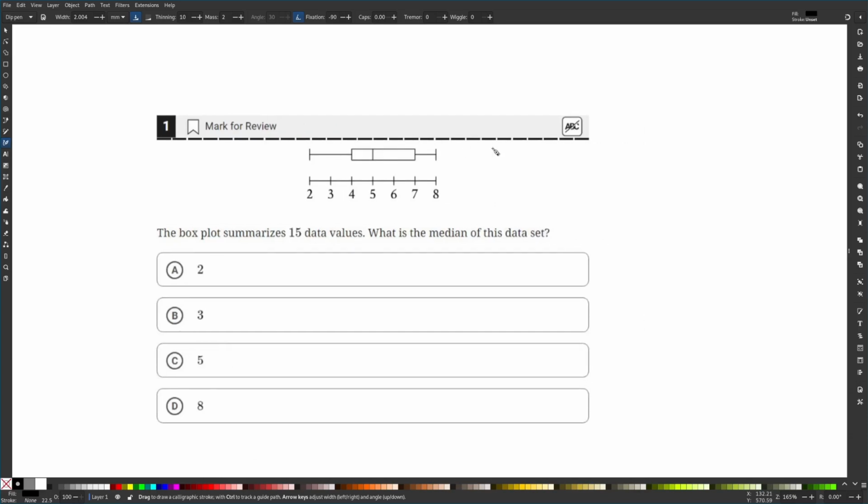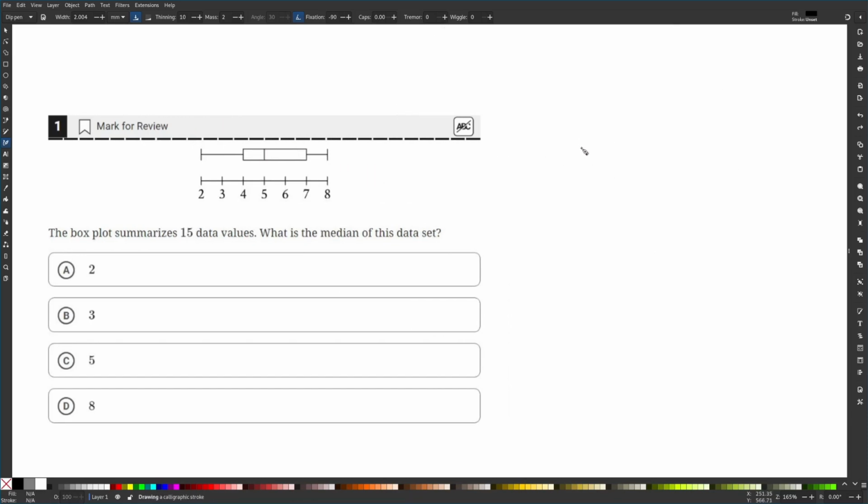Okay. Now we're in the next section, next part of the test. The box plot summarizes 15 data values. What is the median of the data set? Okay. So remember that a median is the middle, and that applies to these box plots as well, these weird graphs. And the median is this middle line.